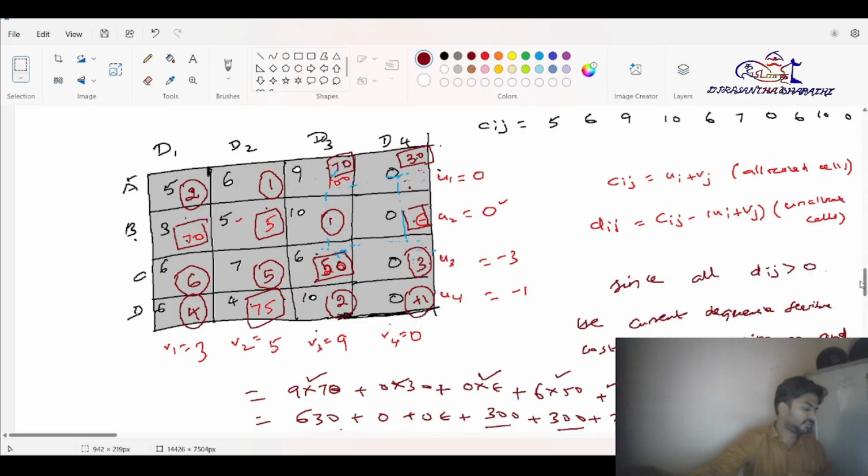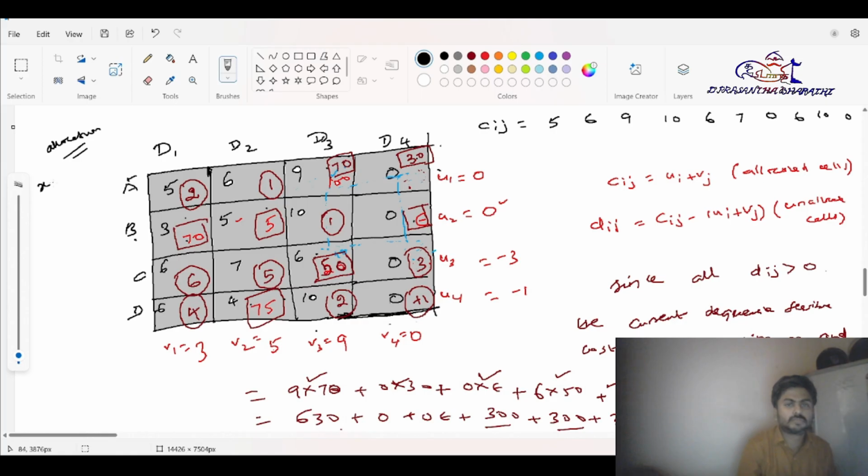Allocations can be written as, I can write allocations here. Allocations are x11, x12, x13, x14.